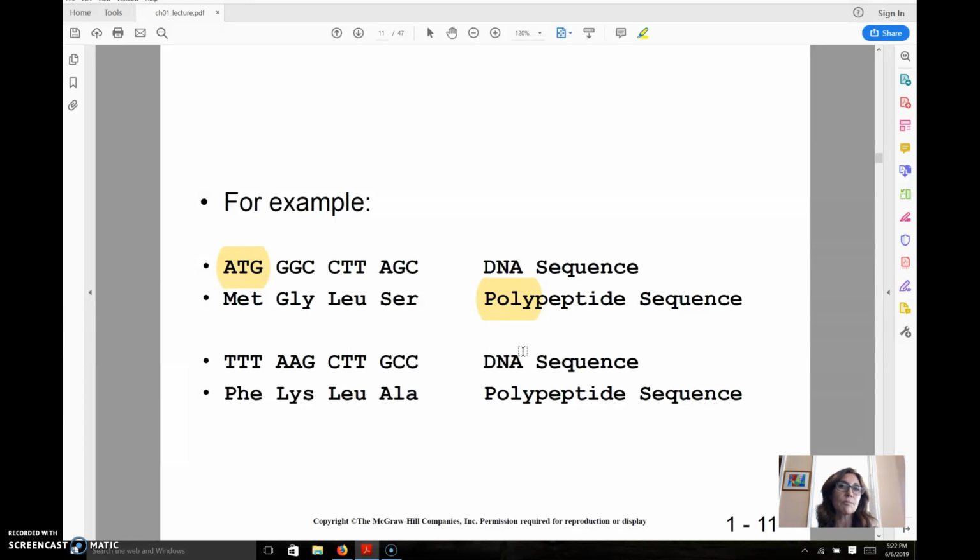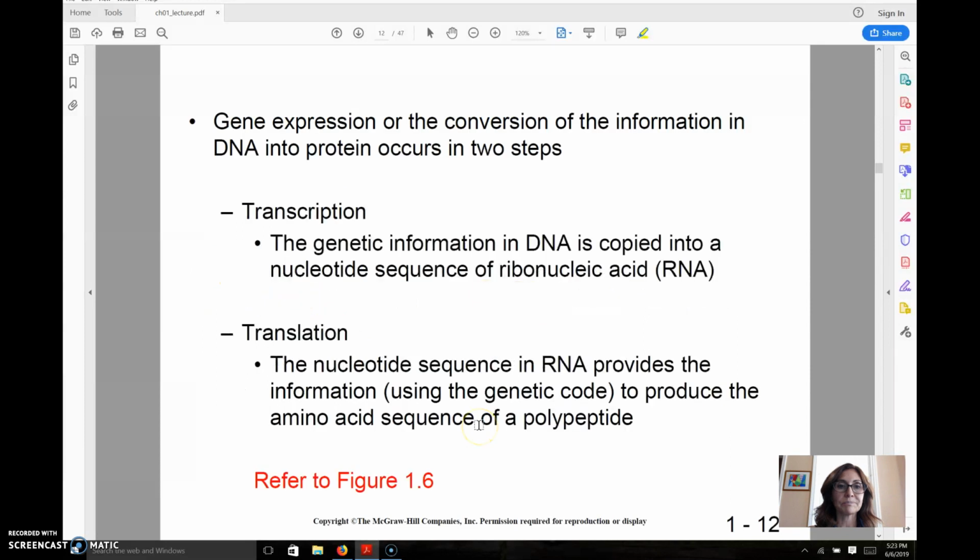So the way you could think about it is that a peptide is anything under 99 amino acids. Anything over 100 amino acids would be a polypeptide or a protein. We'll get to that again a little bit later. I keep promising you all this stuff that we're going to be doing later, but just trust me, we'll get there. So this DNA sequence codes for ATG, which is methionine, GGC, which is glycine, and so forth.